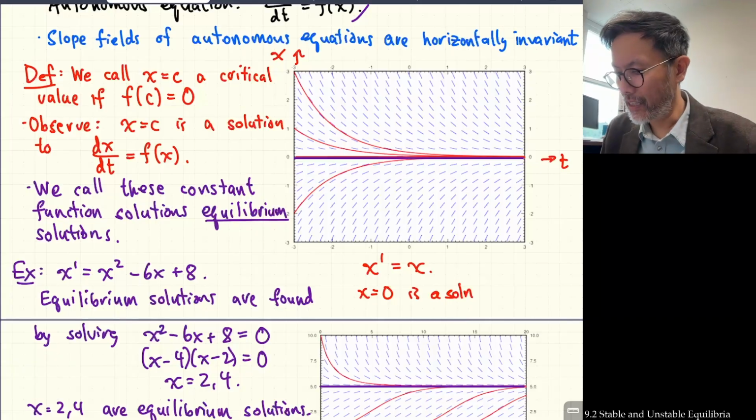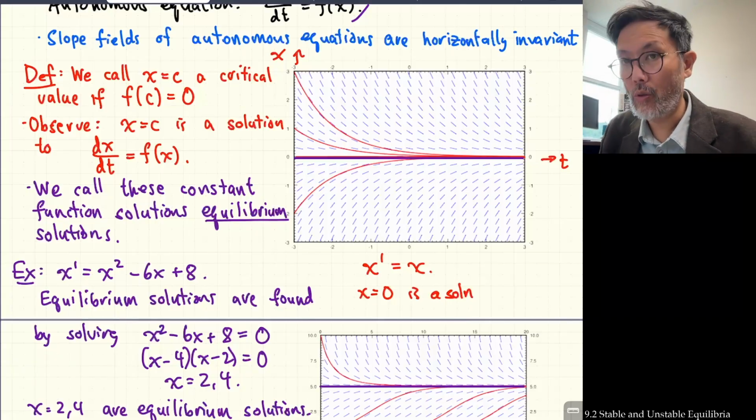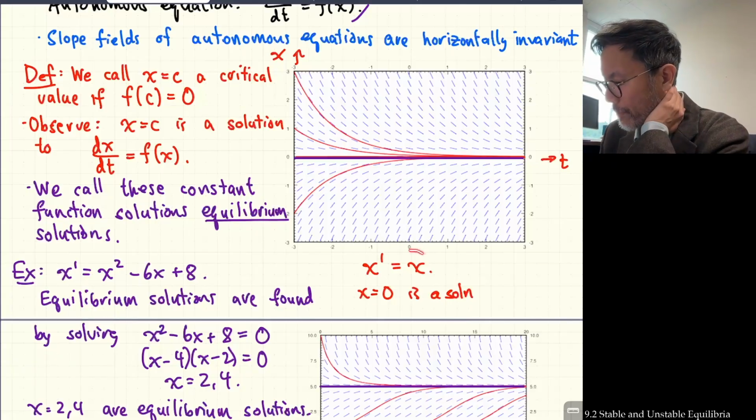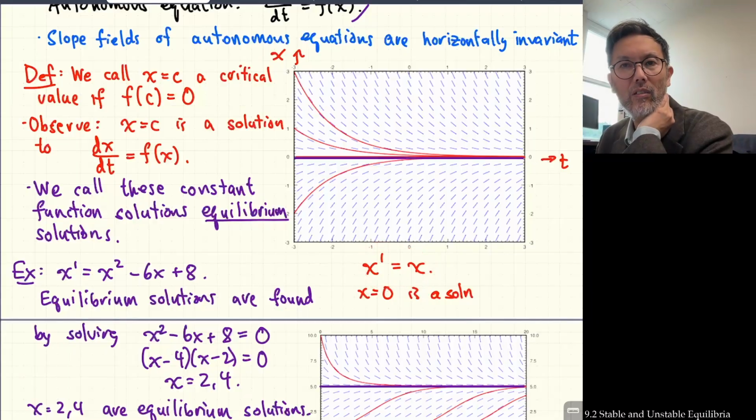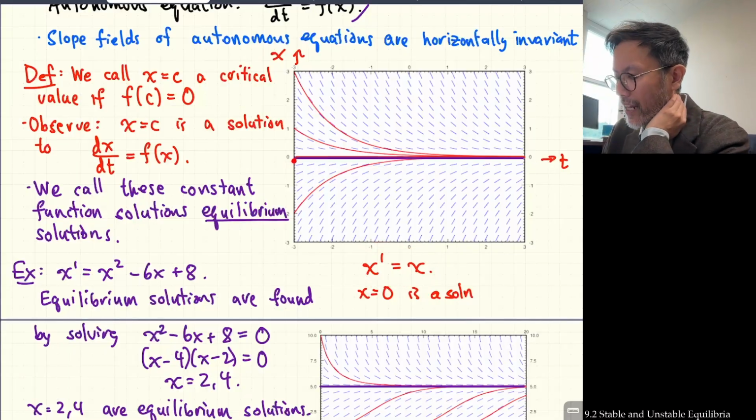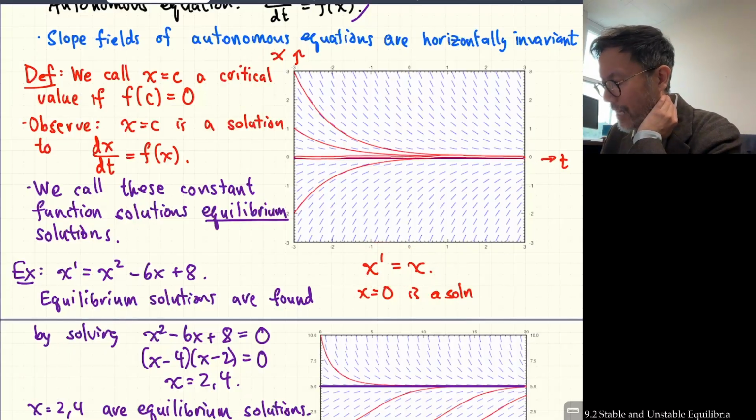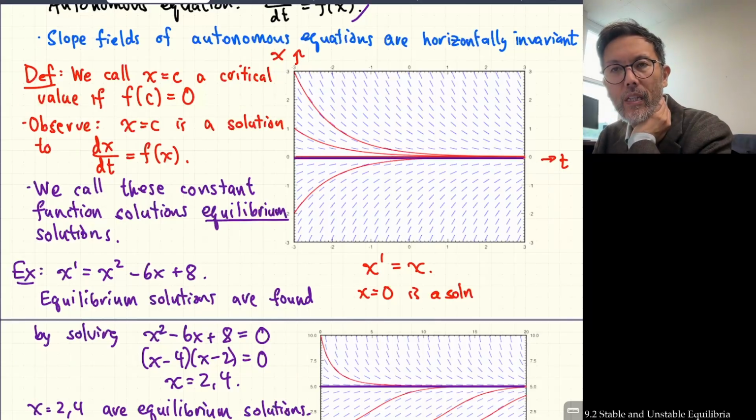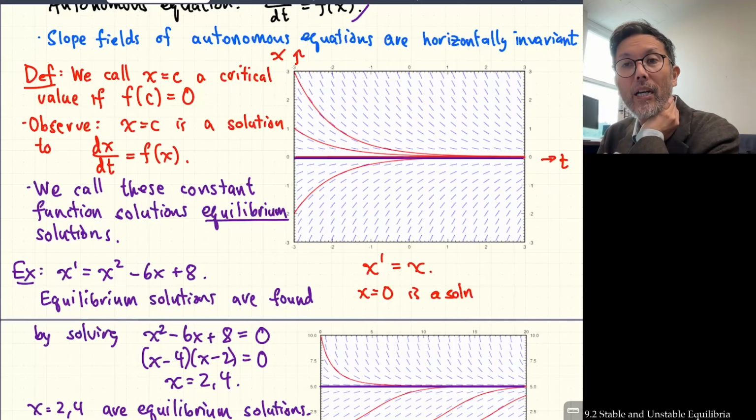Reminder: if we look at these differential equations through their slope fields, for example, if we look at x prime equal to x, here is the slope field of it. You'll notice that x equal to 0 is an equilibrium solution, and the reason is because c equal to 0 is a 0 of the function f of x, in this case being x.